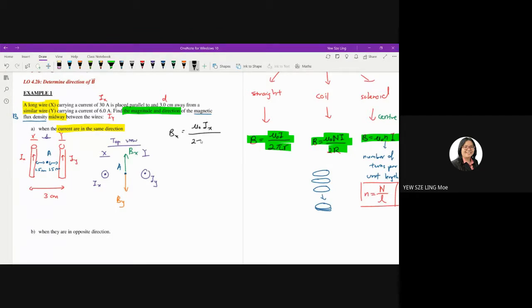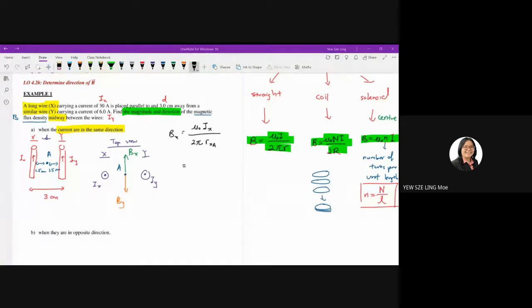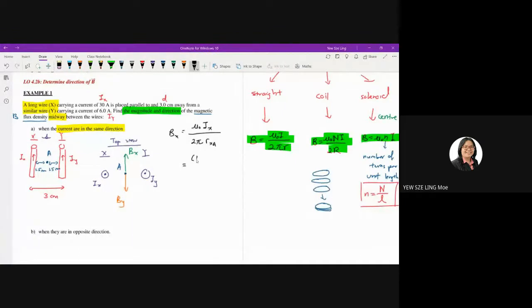So BX is being generated because of IX, over 2 pi RX. RX is basically half of the distance, the distance between X and A, which is 1.5 cm. So you expand the equation. Mu naught is a constant value which can be found in a list of constants: 4 pi times 10 to the power of negative 7. IX given is 30 ampere.